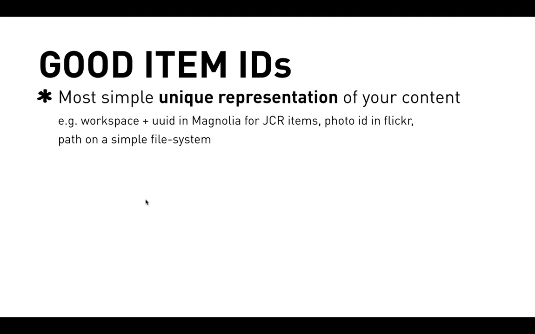Typically in Magnolia, to identify JCR items, we use workspace plus UUID. This way we can target one specific workspace and make sure that this item ID is unique within Magnolia. Another example would be a photo ID in Flickr, or the same thing in Instagram, it's just a plain string, or just the path on a simple file system.